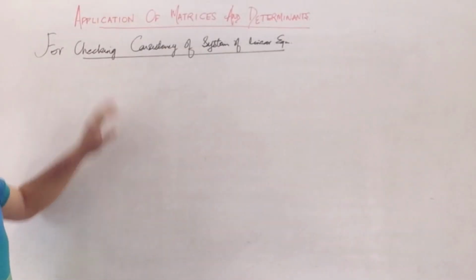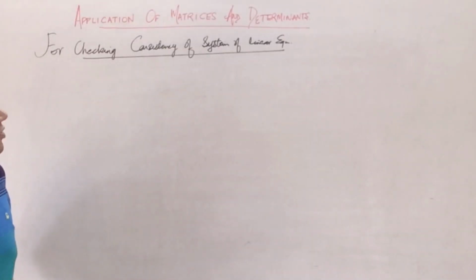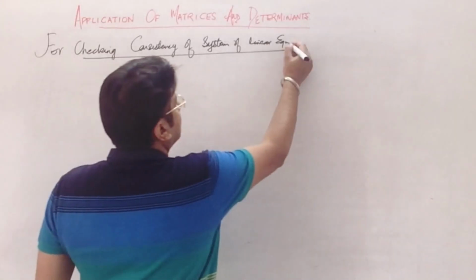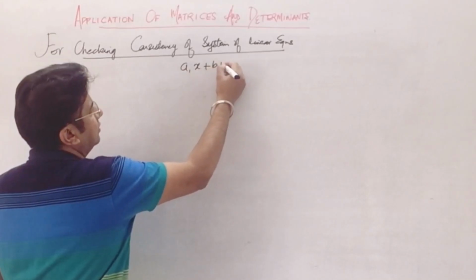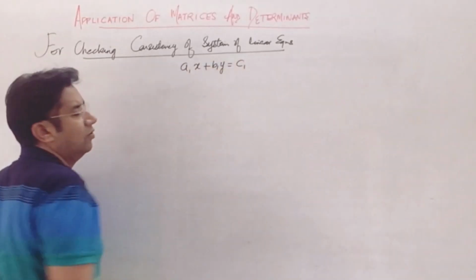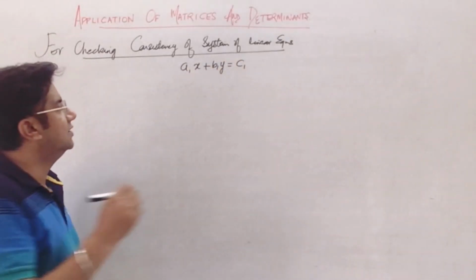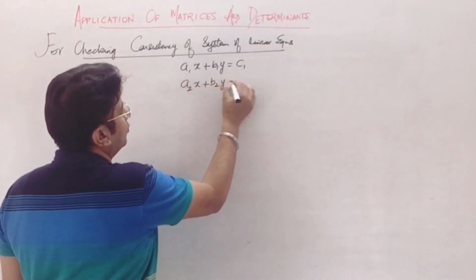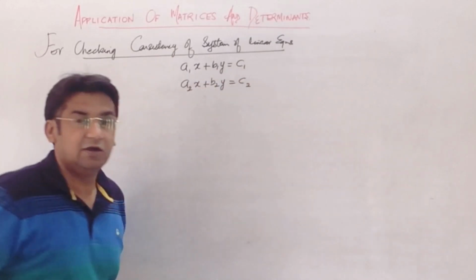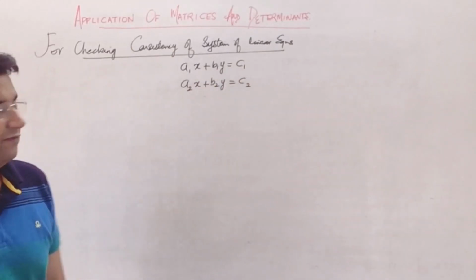To check the consistency of system of linear equations, first you know any linear equation in two variables always represents a straight line, and a pair of linear equations will represent two lines on the graph.